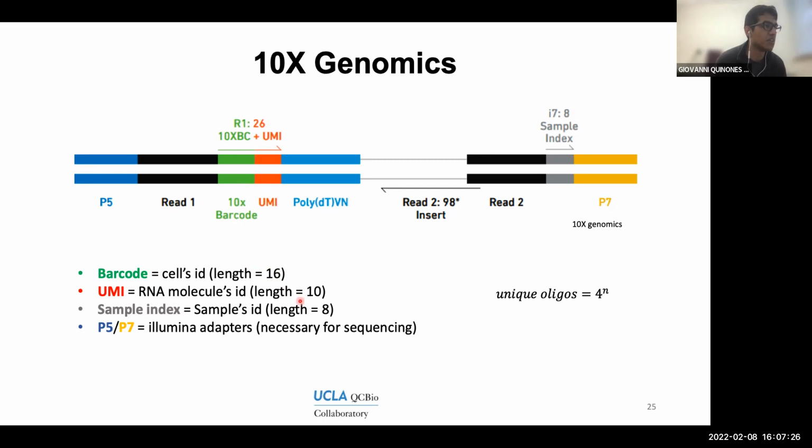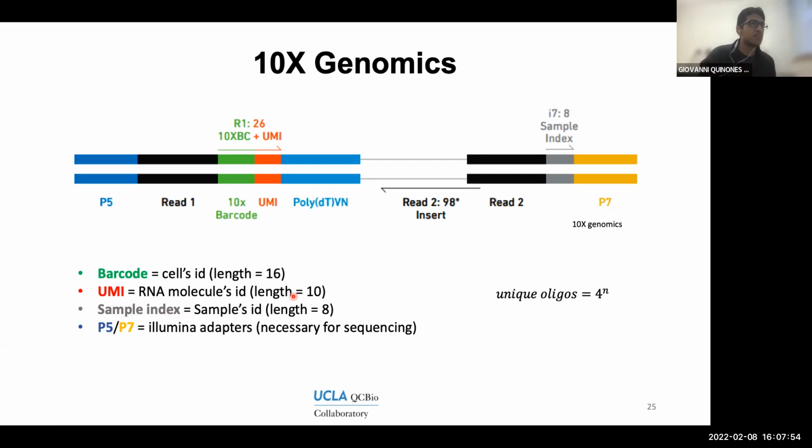Your UMI will be 10 nucleotides long. The sample index will be 8. And these P5, P7 sequences, we're not going to use, they're only used for sequencing, but we don't use them downstream. They're around 20 something bases, but it won't matter to our future analysis.